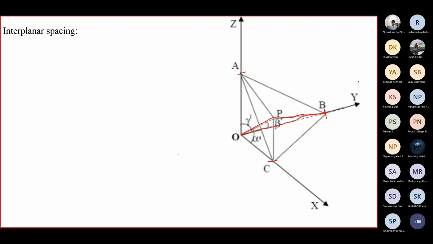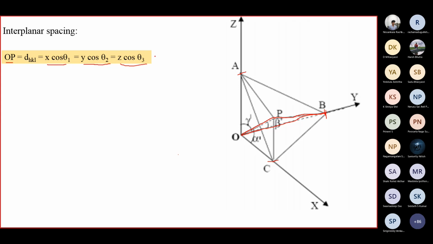Now, let us call OP as d_hkl, don't worry, it is the distance. OP is equal to y cos theta 2, where theta 2 is, of course, beta. OP is equal to y cos theta 2, as well as x cos theta 1 and z cos theta 3, considering these three thetas are different.